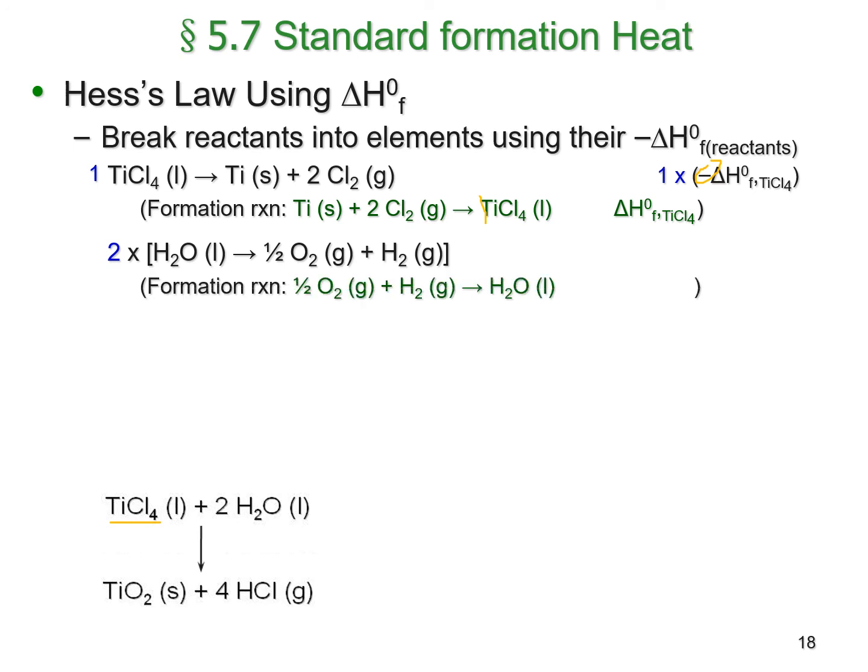If we compare that with the formation reaction for water, we realize the reaction in the bracket actually is the reverse of this formation reaction. Formation reaction of water, we can actually find out what the delta H0F for water is. Since the reaction is reversed and multiplied by 2, that's 2 times negative delta H0F of water.